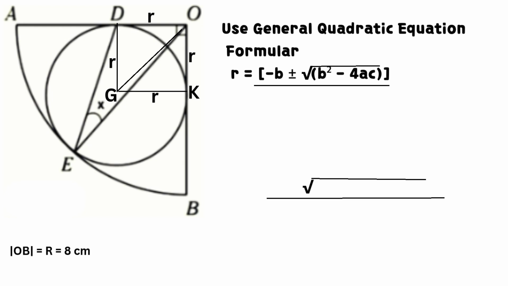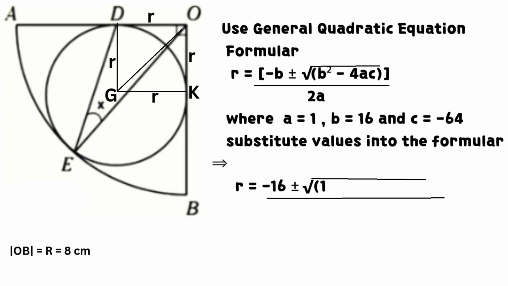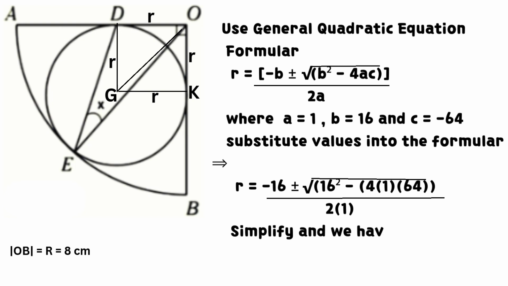Use the general quadratic equation formula. That is, small r equals negative b plus or minus the square root of b squared minus 4 times the product of a and c, all divided by 2 times a, where a equals 1, b equals 16 and c equals negative 64. Substitute values into the formula.